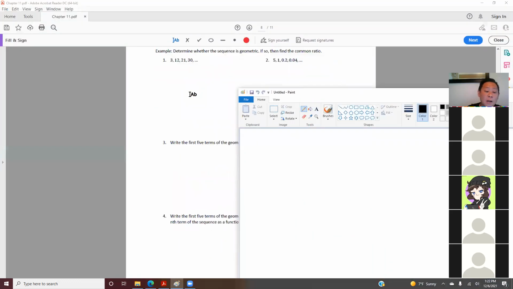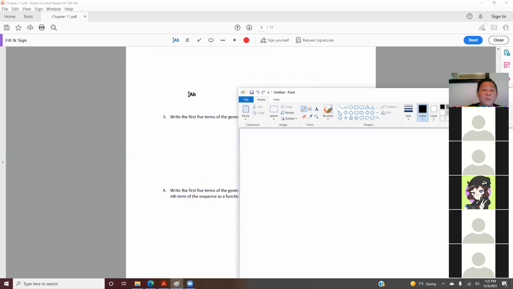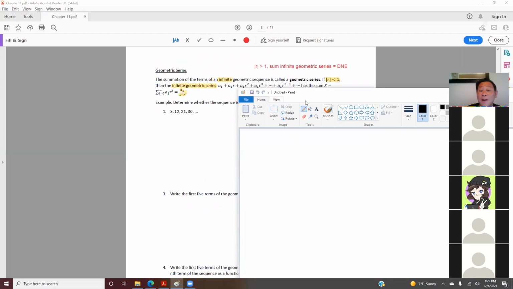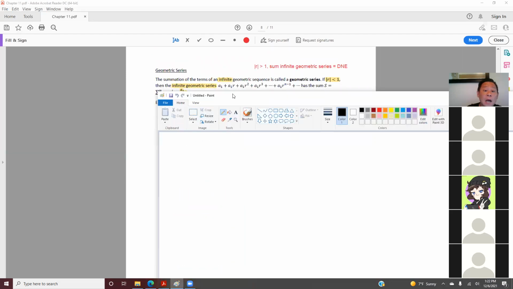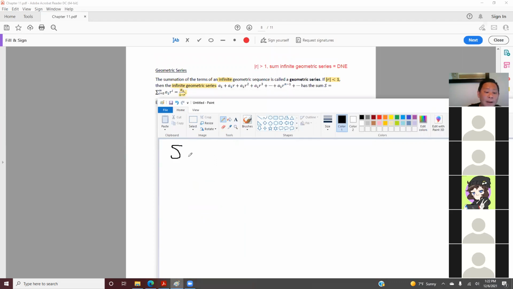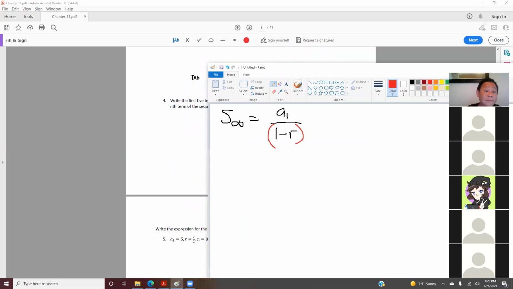And the last thing we're going to talk about here is the last formula, which is now we do an infinite geometric series. The formula for infinite geometric series is A1 over 1 minus R. Again, class, put a parenthesis on this 1 minus R because of calculator purposes.